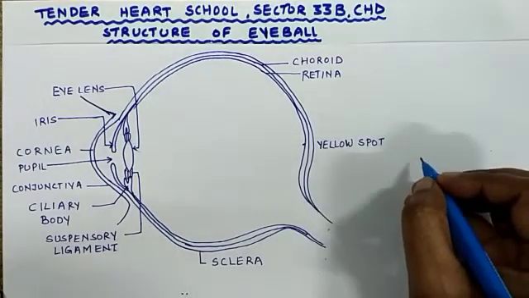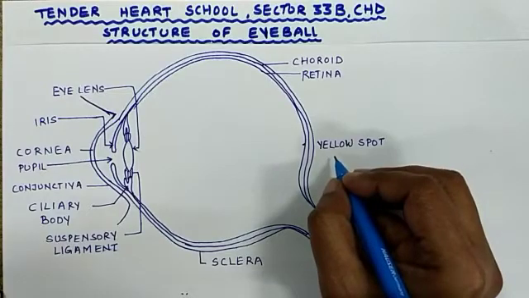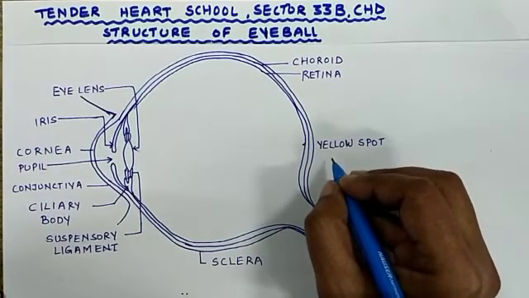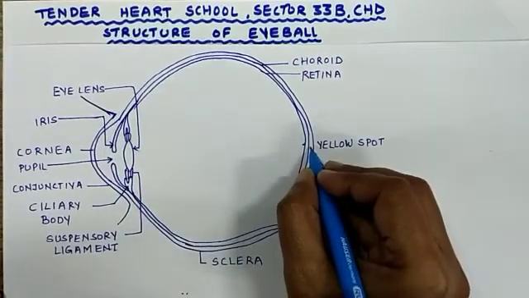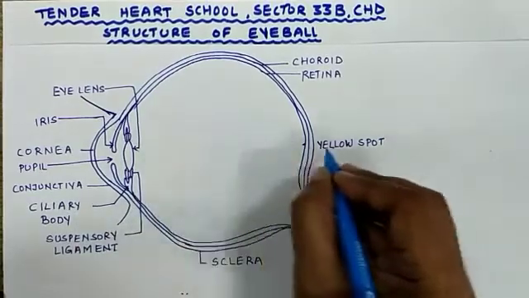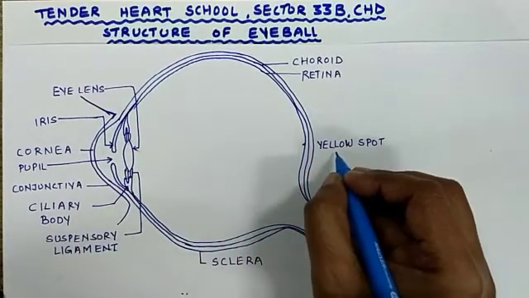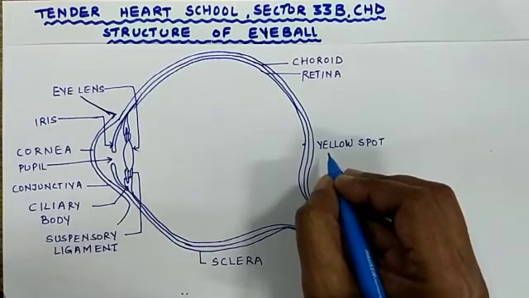It is the area of best and brightest vision. I'll again tell you the location. Yellow spot lies at the back of the eye, almost at the center on the horizontal axis of the eyeball, right? And yellow spot is the region of best vision.